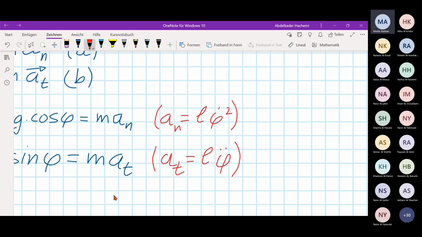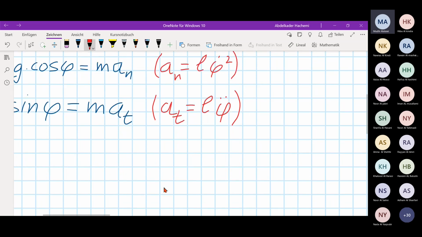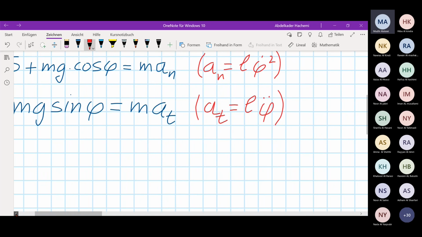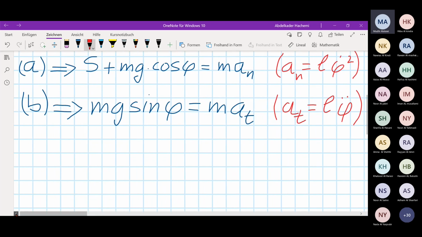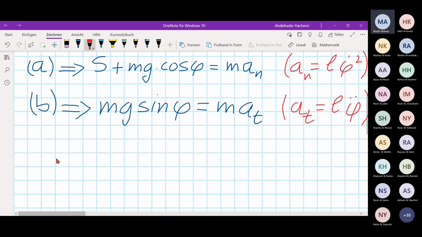Okay, then if we look at the equations now, we will get the following two equations.